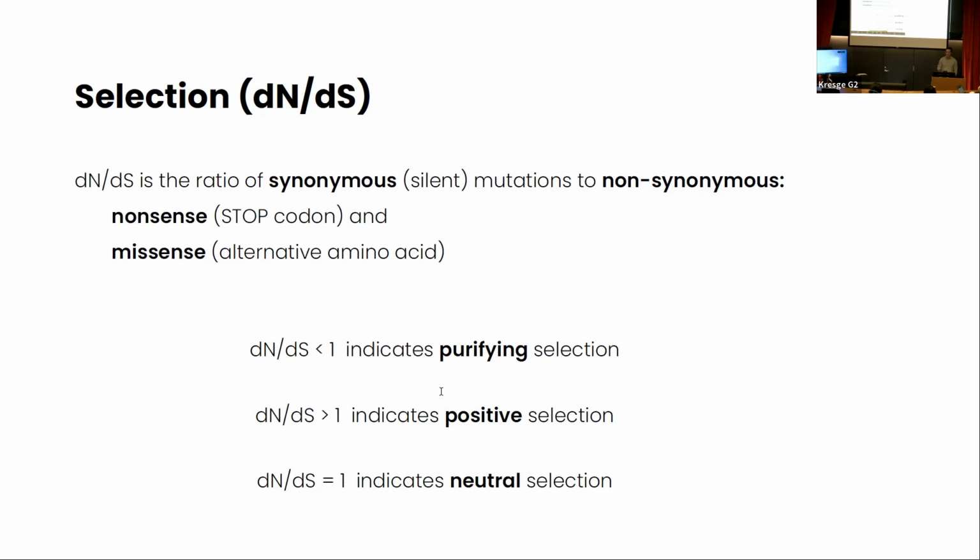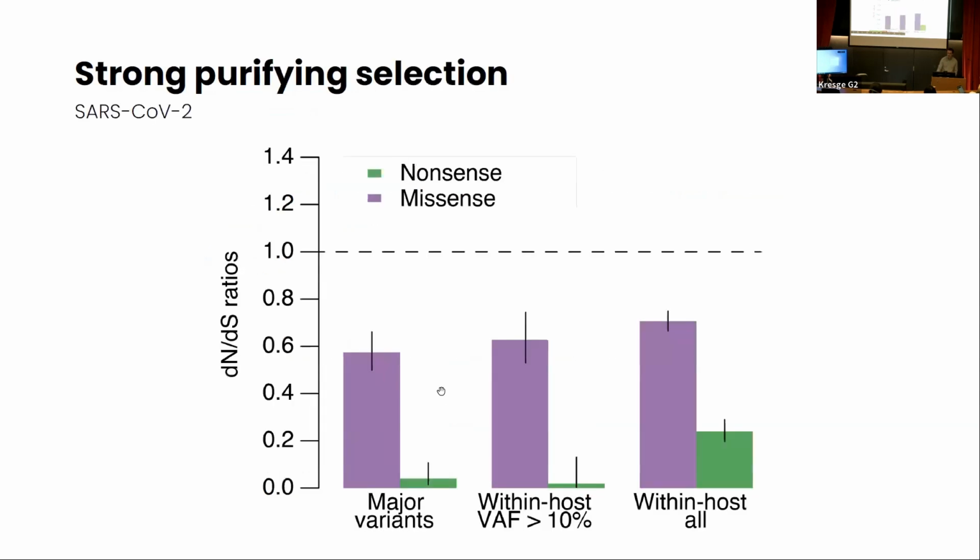We're looking at whether the ratio is below 1, which would indicate purifying selection. And what we found was that in SARS-CoV-2, there was strong purifying selection within the host, which is what you might expect, but that it was less strong than what we observed between hosts. So there was less selection over this very short time scale than we observed over longer time scales between people.